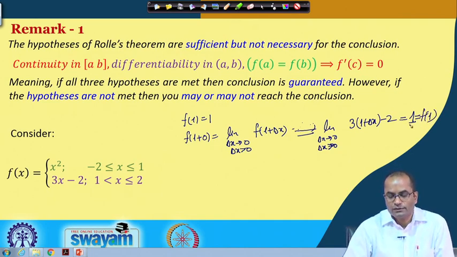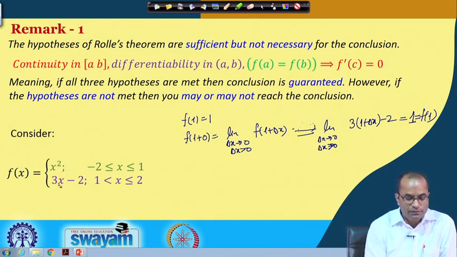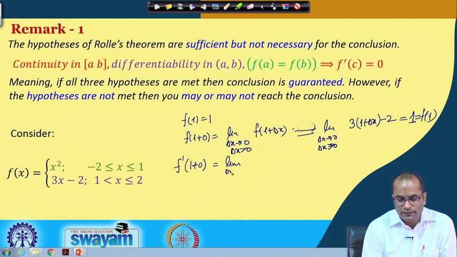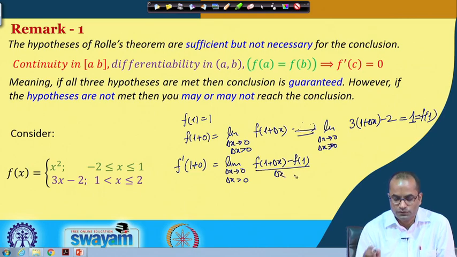So, the function is naturally continuous in this case, and if we check the differentiability, that means the right derivative first. So, f'(1+0), the right derivative, means the limit as delta x goes to 0 with delta x positive of f(1 plus delta x) minus f(1), divided by delta x, this quotient here.